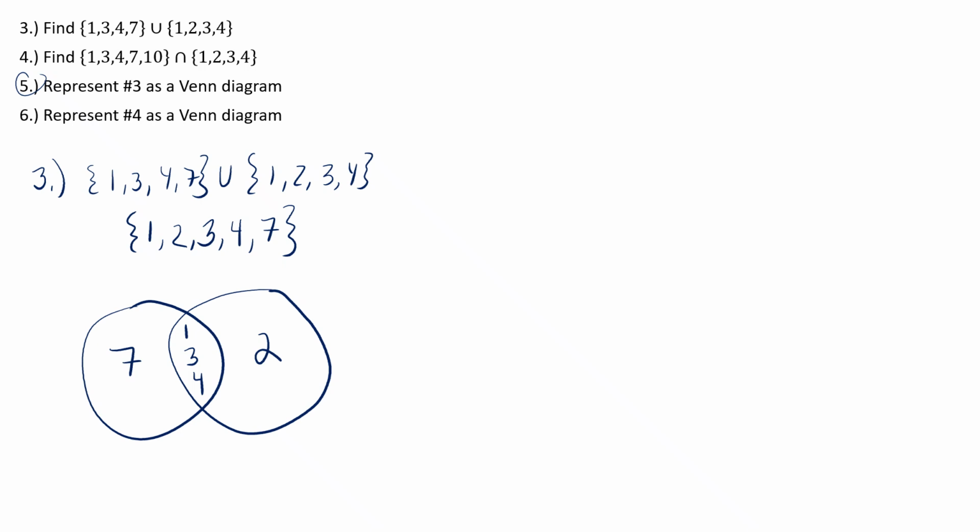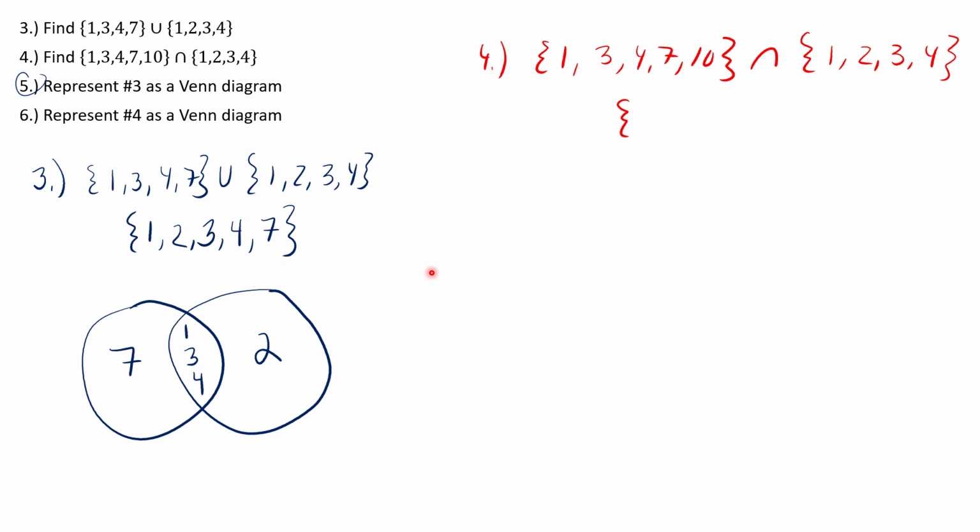Question 4, we have the set 1, 3, 4, 7, and 10, and we're going to intersect that with 1, 2, 3, and 4. And remember, the intersection, you're looking for where the sets overlap. So I'm just going to run through this first set and see what's an overlap.